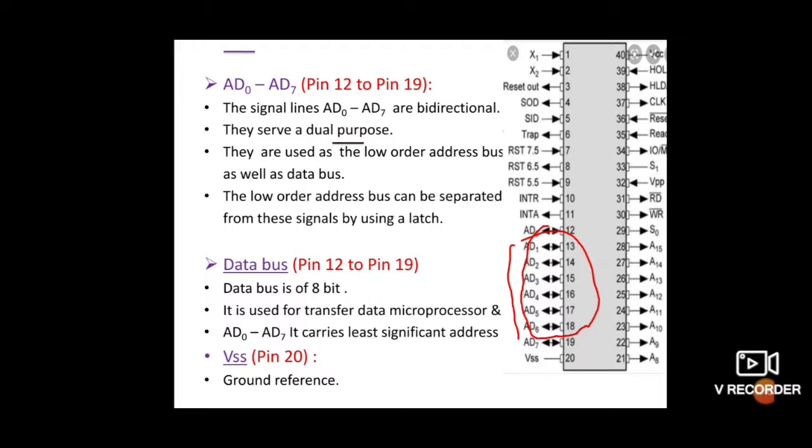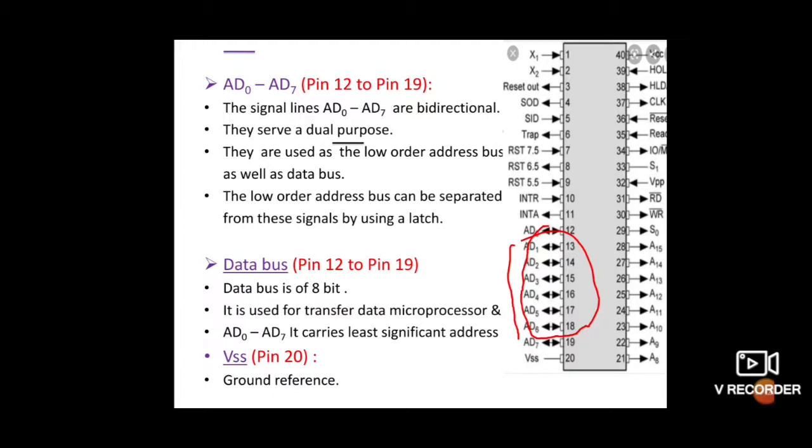The separation of these two is done using a latch. The data bus is also pin 12 to pin 19. The data bus is 8 bit, the address bus is 16 bit, but in the address bus the lower bits are also used for the data bus.